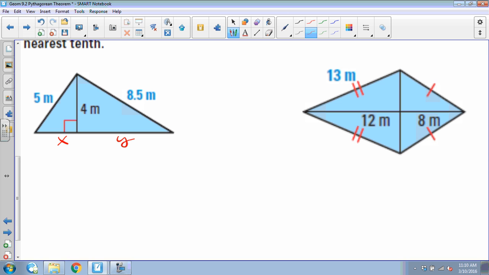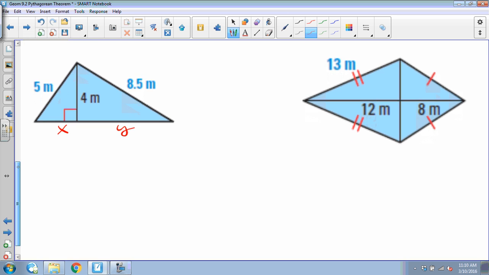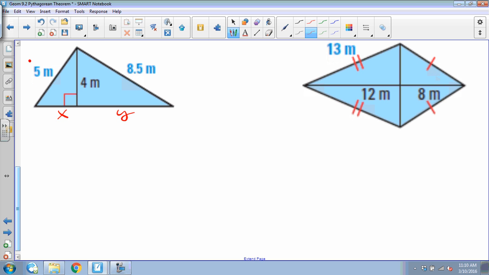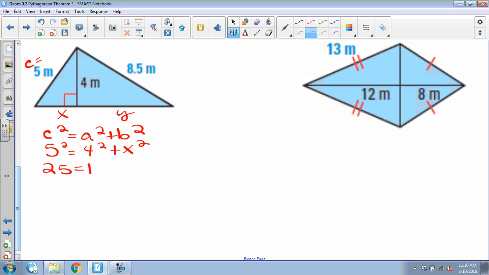And so for the left-hand side, this is C, so we have x, we have c squared equals a squared plus b squared. So 5 squared equals 4 squared plus x squared. So 25 equals 16 plus x squared.